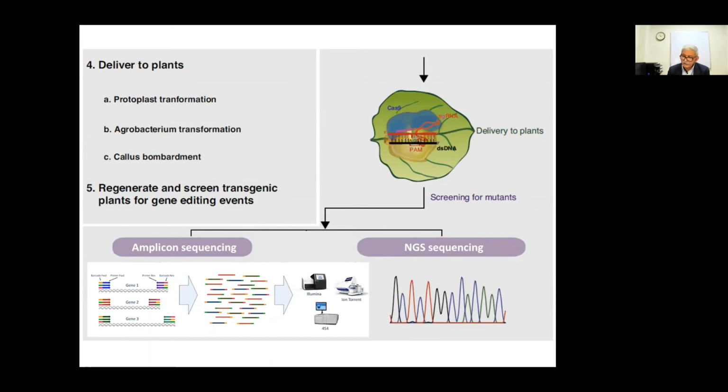You just have to select the protospacer, clone it, and transform it. You can transform the protoplasts, you can transform through Agrobacterium, or you can do it through microprojectile particle bombardment. And then you just need to screen, and you do that by amplicon sequencing.